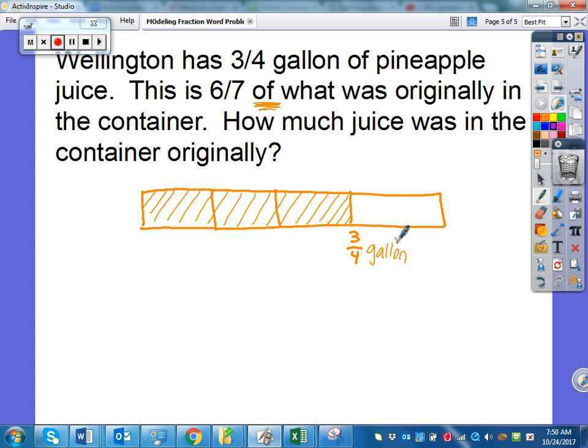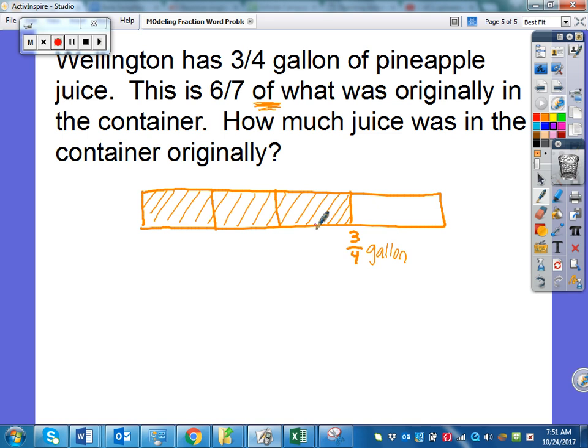Now, this part right here, the shaded part, represents 6/7. That means this section right here represents 6 parts out of the 7 parts needed to be a whole. Well, I'm looking at my drawing right here and I see 1, 2, 3 parts.